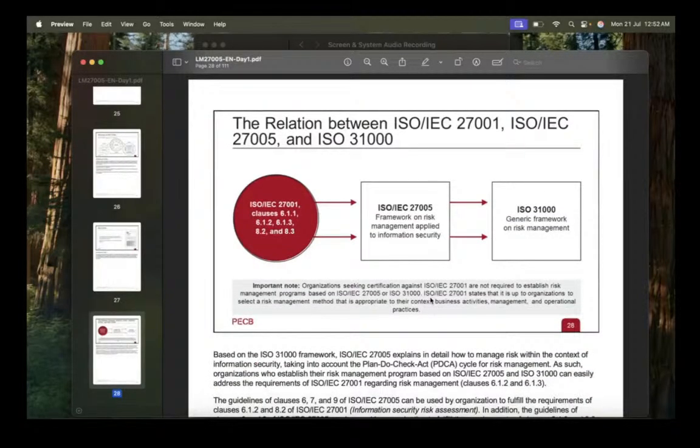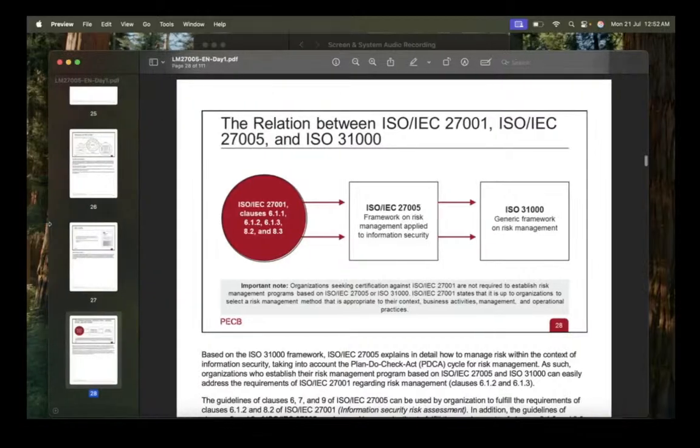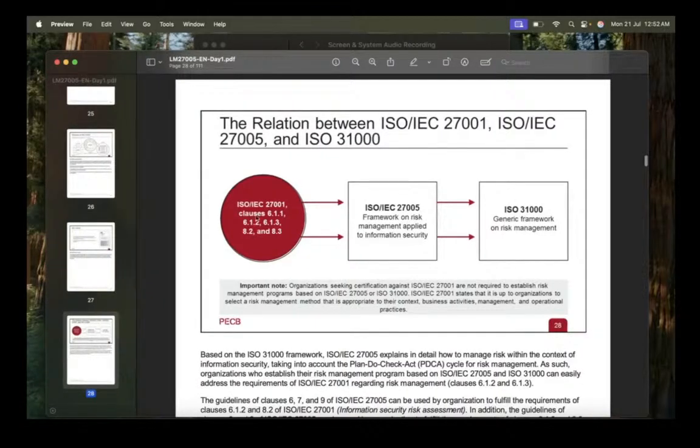Now moving on to the next thing we are going to discuss: the relation between these standards, 27001, 27005, and 31000. As you can clearly see with this flow chart, there are some clauses that are relatable.